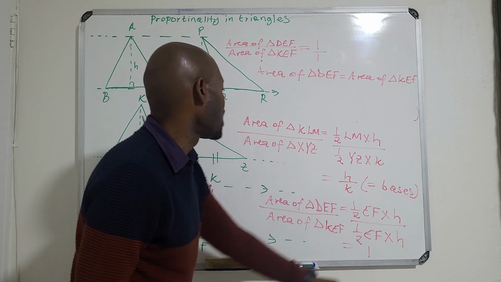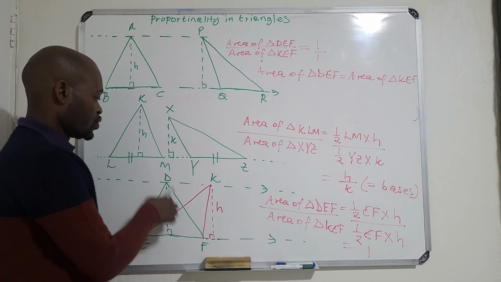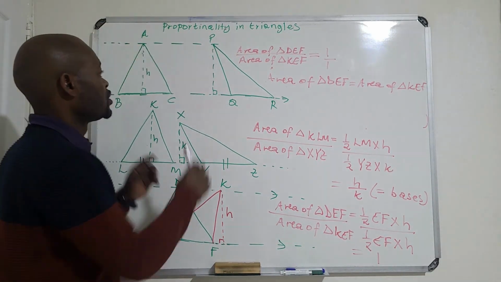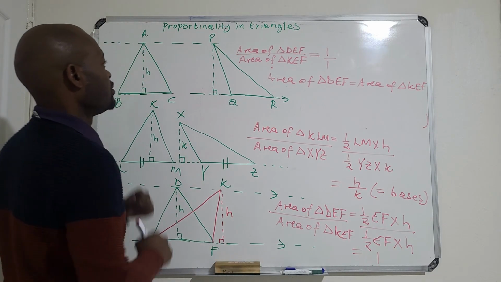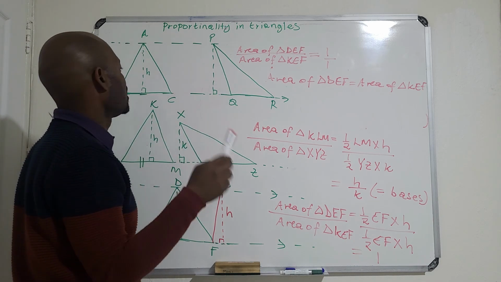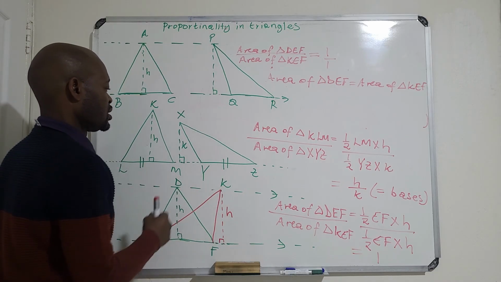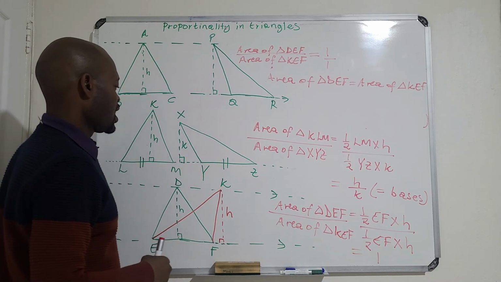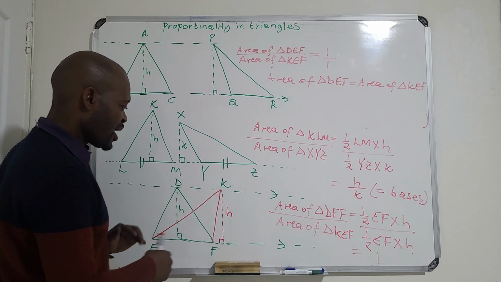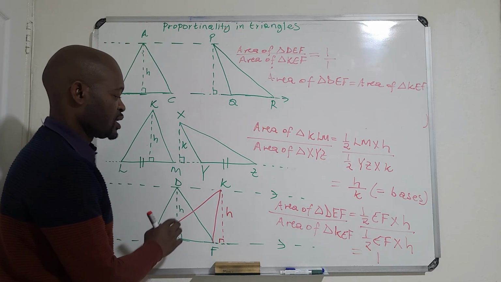If it is equal to 1, it simply means that the area of this triangle is equal to the area of that triangle. What we are saying is that if two triangles have the same height, then their areas are proportional to their bases. When two triangles have equal bases, then their areas are in proportion with their heights. When two triangles have the same base and the same height, their areas are equal.